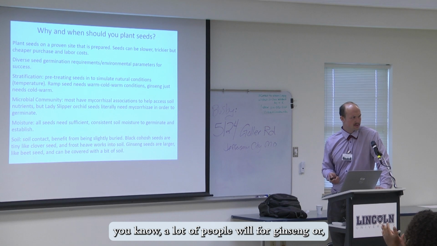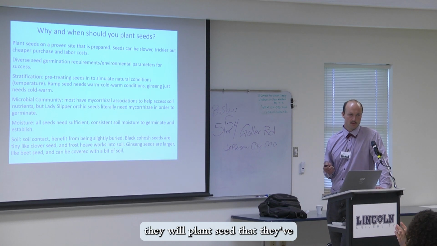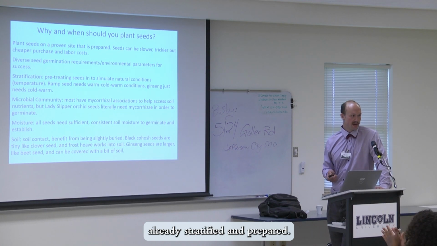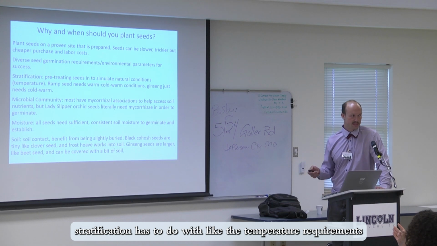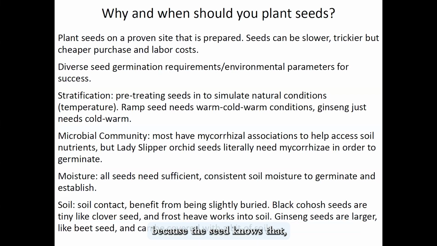A lot of people, for ginseng or bloodroot, will plant seed that they've already stratified and prepared. Stratification has to do with the temperature requirements that a seed has to go through in order to exit dormancy, because the seed knows that it doesn't want to start growing in the middle of the winter or the middle of the summer.